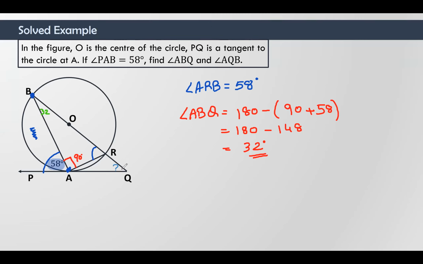We have to find another angle AQB. Now that AQB angle can also be found with the help of alternate segment theorem.